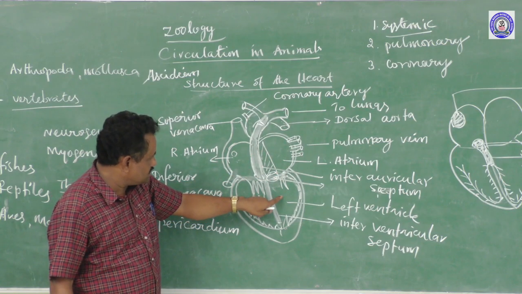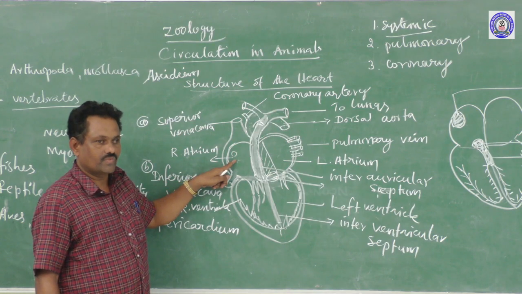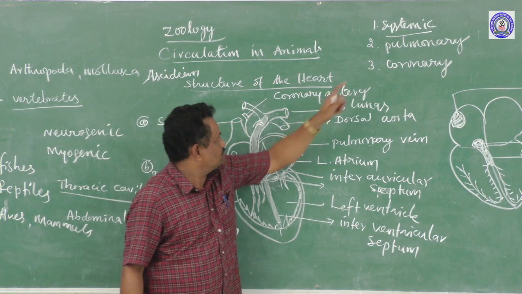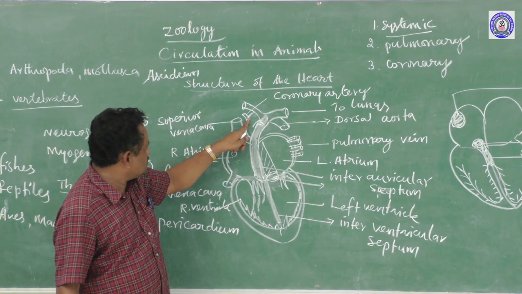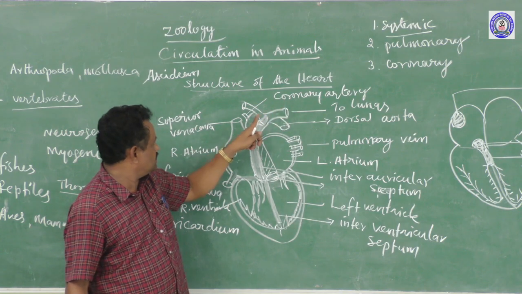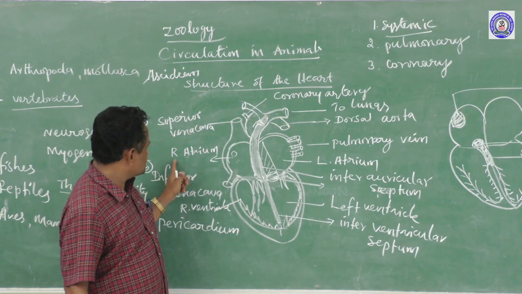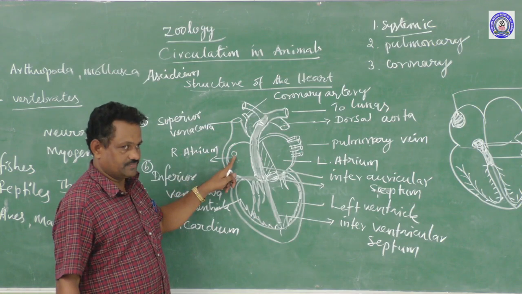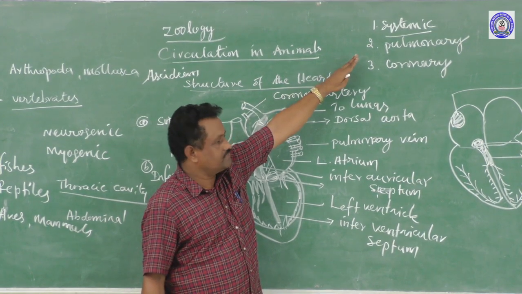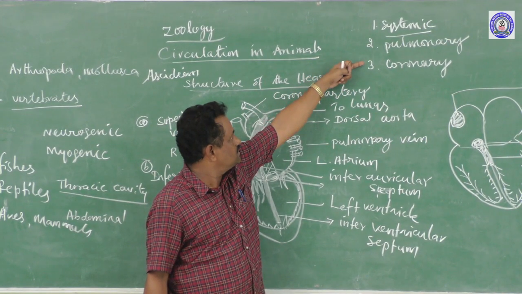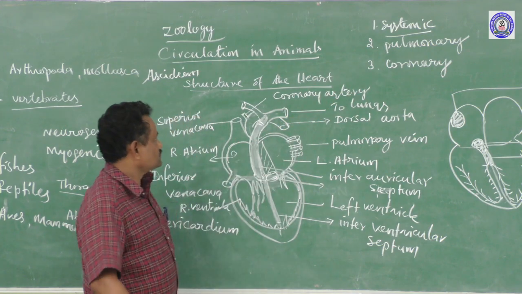Systemic circulation begins in the left ventricle and ends at the right atrium. Coronary circulation arises from the dorsal aorta; the coronary artery is supplied to the cardiac muscle and brings deoxygenated blood back to the right atrium. So based on this, the circulation is of three different types: systemic circulation, pulmonary circulation and coronary circulation.